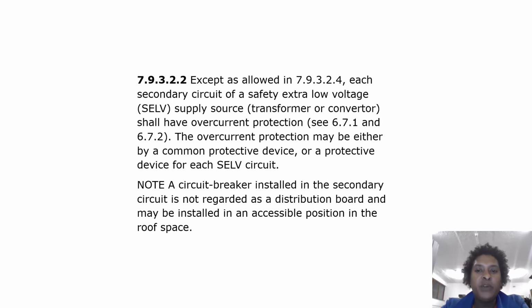The overcurrent protection may be either by a common protective device or a protective device for each safety extra low voltage circuit. Note: a circuit breaker installed in the secondary circuit is not regarded as a distribution board and may be installed in an accessible position in the roof space.